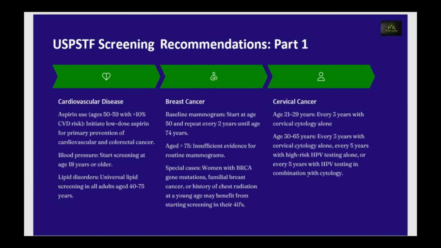We know the guideline and what to monitor. Then breast cancer, they start at the age of 50 and you repeat every year. But if those people have a history, they usually start at the age of 40. Lipid screening, they start at the age of 40 to 75.